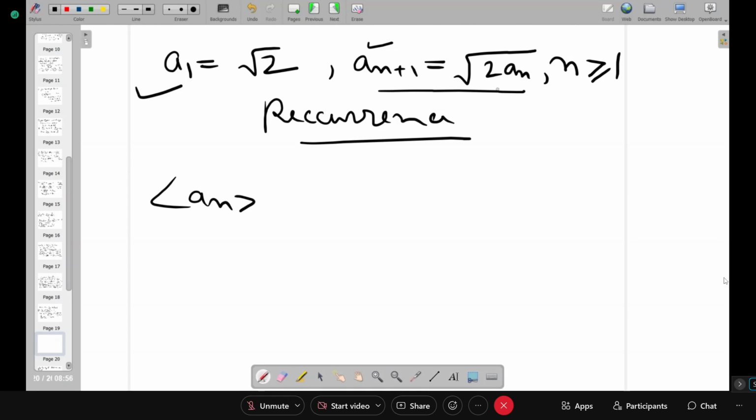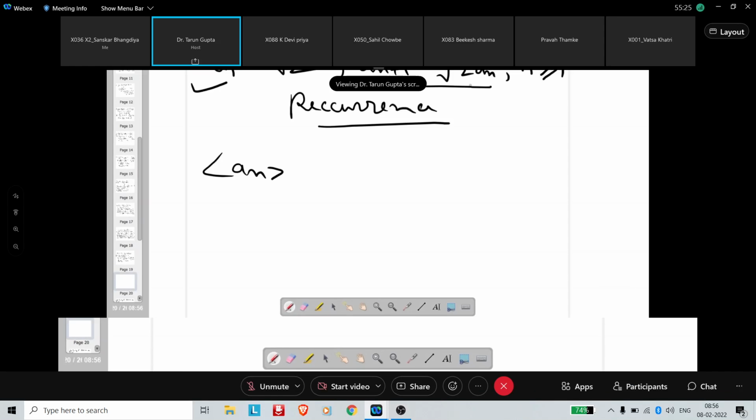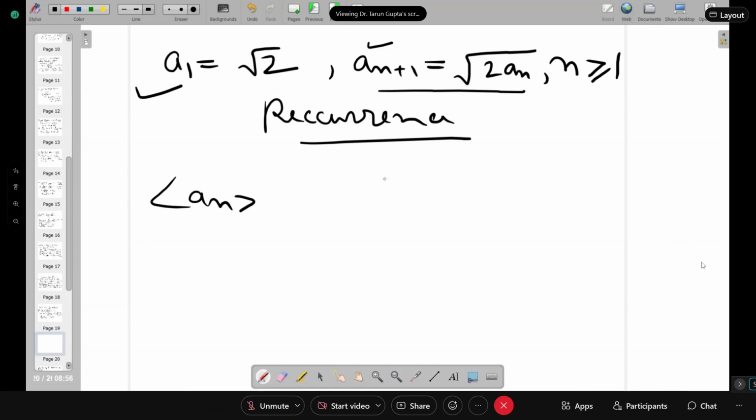If the terms are given by a recurrence relation, you can prove it by that theorem, increasing plus bounded above or decreasing plus bounded below. If this is convergent, then the limit is unique. Limit is unique means the limit of an plus 1 is also L, and the limit of an is also L. By putting that here, you can find the limit. In the next class, we will see how to solve these types of questions.